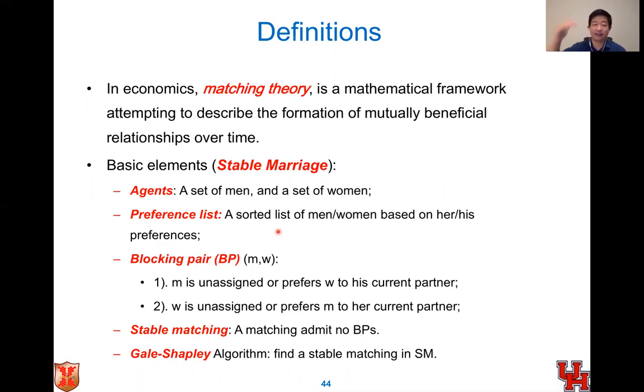So on your list. And then we have the blocking pair. What is a blocking pair? If a man prefers another woman to his wife, and this woman also prefers this man to her husband, then these two will divorce and marry each other. So this is an unstable marriage. We want to find a matching that prevents such unstable marriages.